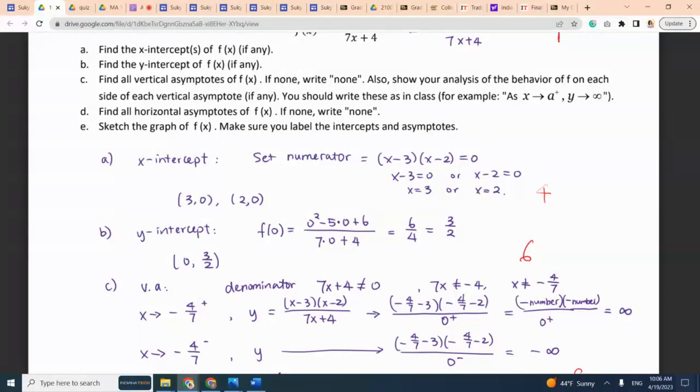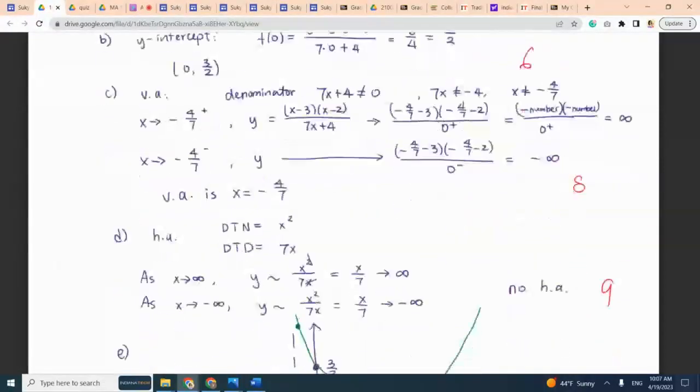And then on the other hand, when x goes to minus 4 over 7 from the left, the y will go to, you see, the only difference is the 0 plus changes to 0 minus. That's why we gain 1 negative sign. So the answer is minus infinity. So this is 2 points. Show all your work in order to receive credit.